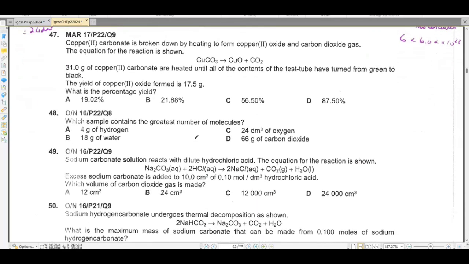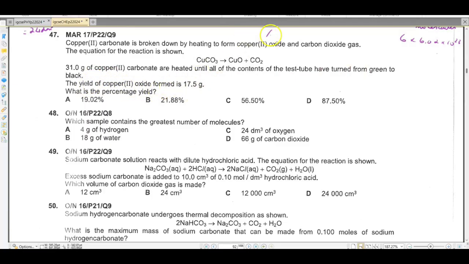Question number 47. Copper 2 carbonate is broken down by heating to form copper 2 oxide and carbon dioxide gas. The equation for the reaction is shown. 31 grams of copper 2 carbonate are heated until all the contents in the test tube have turned green to black. The yield of copper oxide formed is given. What is the percentage yield?